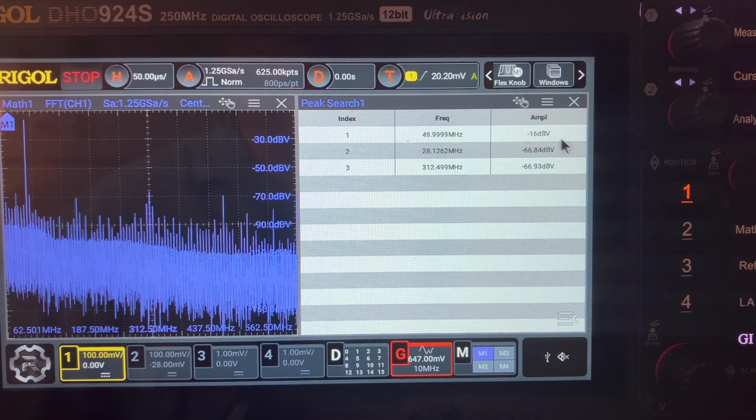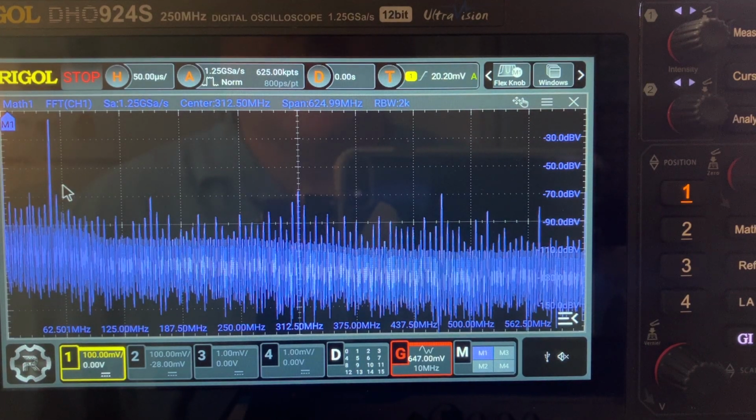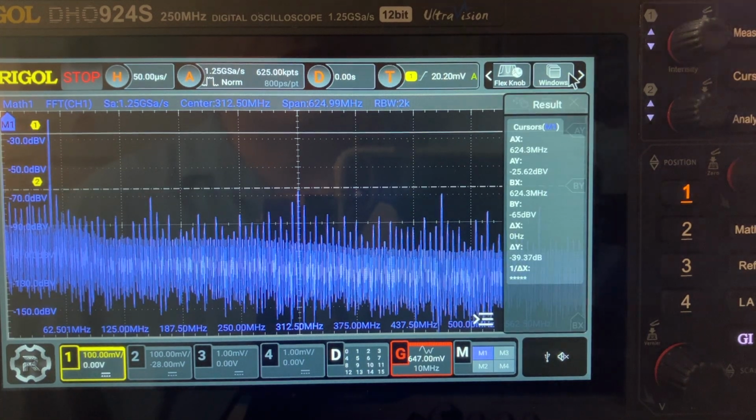This is the signal, the remaining is the noise. 66 dB, and this minus this give you about 50 dB of signal to noise ratio for this frequency generated by the generator.